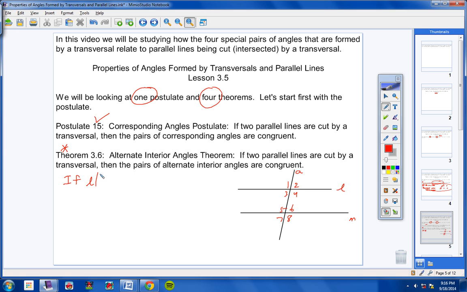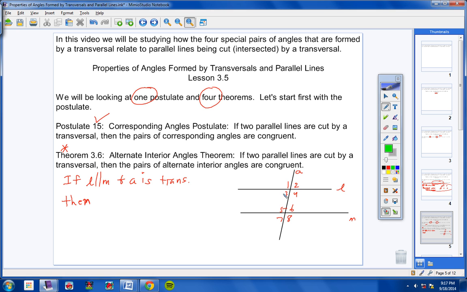If L is parallel to M and A is a transversal, then, let's see, alternate interior angles. Let's circle those in green.